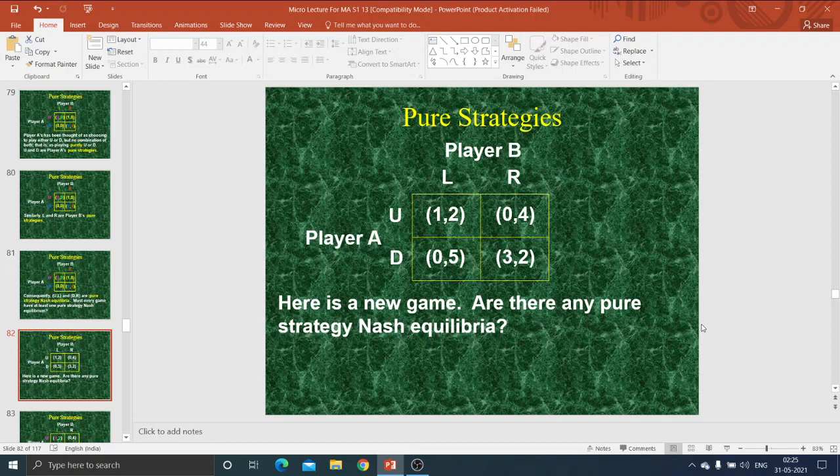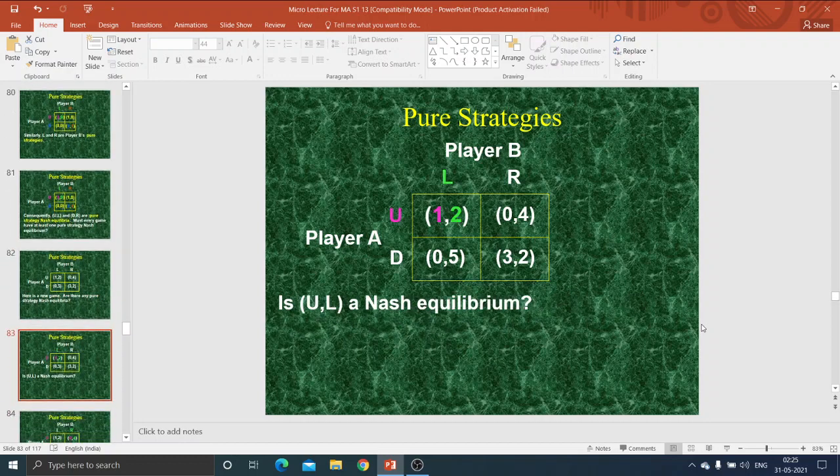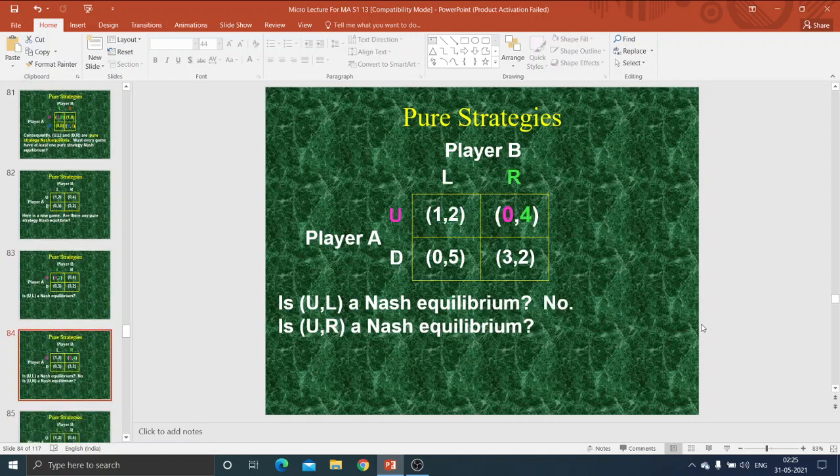Are there any pure strategy Nash equilibria for this example? In this case, the answer is no. 1 and 1 2 is not actually a Nash equilibrium. Why? Because if you play up and the other plays left, the other is not necessarily going to play left, because for him, if he plays left, then you will be moved towards D. Why?